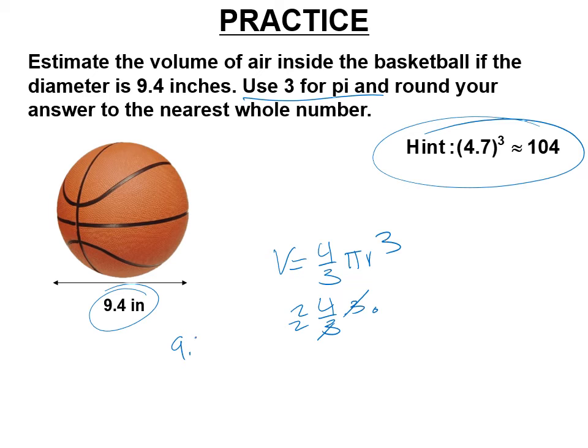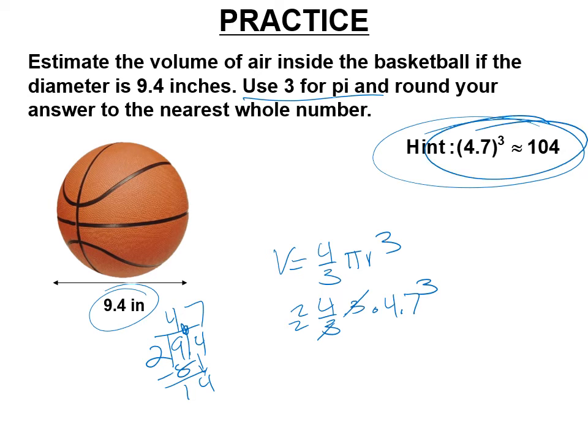So what do we have to do? We have to divide it by 2. 2 goes into 9, 4. Decimal straight up, 4 straight down. 2 into 14 goes 7. Oh, 4.7 cubed. Oh, that's why I have this hint here. 4.7 cubed is around 104.